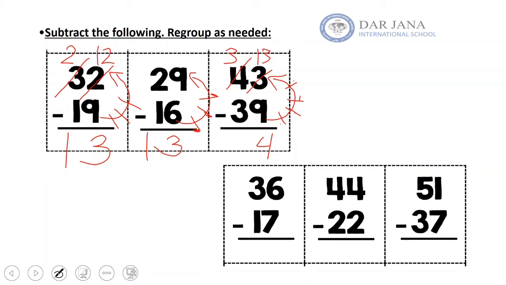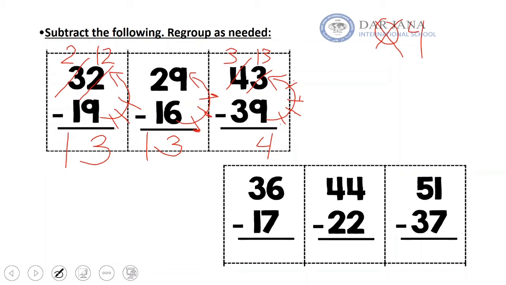Do you remember when we told you don't put a 0 under the tens? Because you cannot say 0, 4. Did you ever see this number? No. So please, when the answer is 0 in the tens place, don't put the 0. So the answer here is only 4.